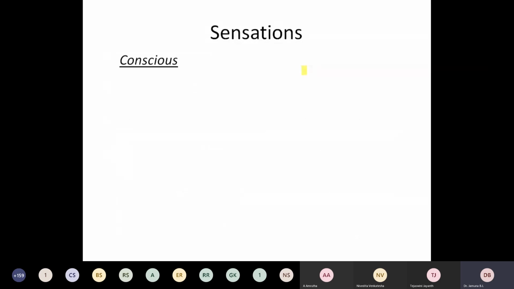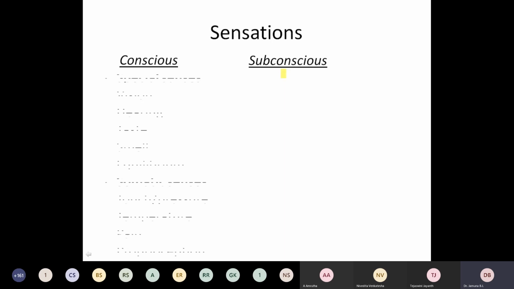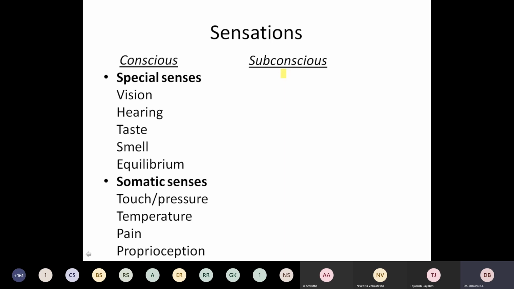So you can divide the sensations into two types, that is conscious and subconscious sensation. When it comes to conscious awareness, those sensations are called conscious sensations; those which do not come to the conscious level are called subconscious senses. Under the conscious sensations, we have somatic sensations and the special sensations.